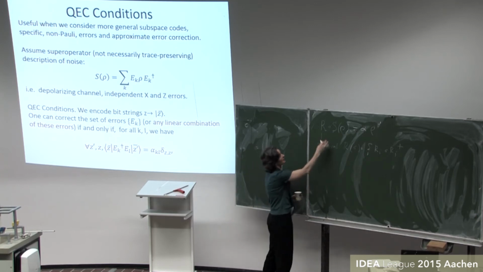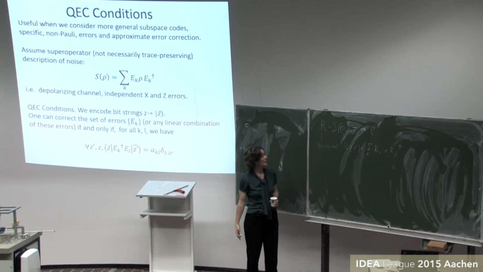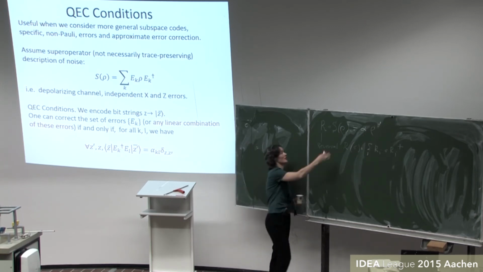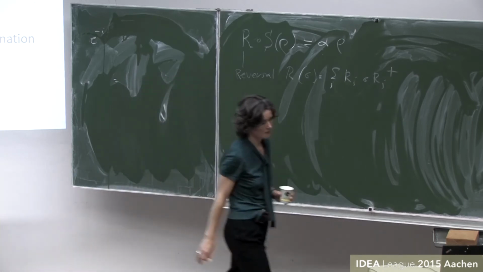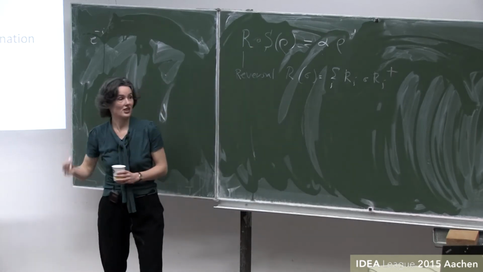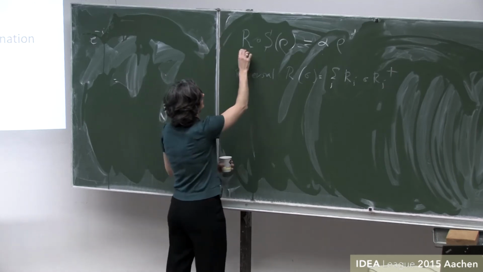But it's a priori very unlikely that such a reversal operation exists, because typically this type of dynamics is irreversible, yes? So we need to select our code space very precisely in order for this operation to exist.